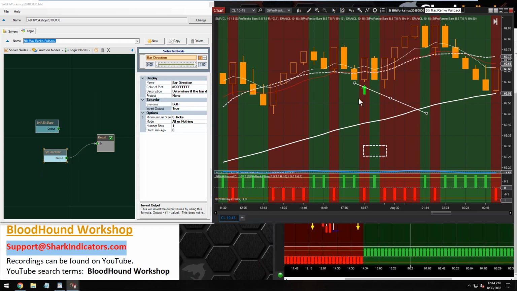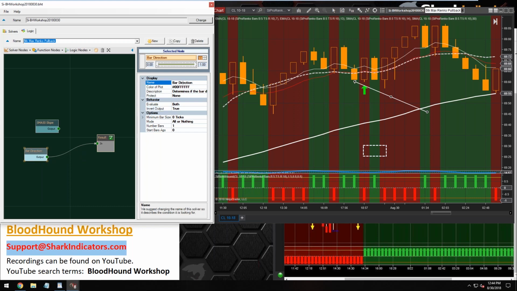We have a long output from these down bars now, because remember, this is looking for a pullback bar as part of a long setup here. So I've got the down bars identified. And if I wanted to, I could rename this here. There you go. I could now call this pullback bars if I wanted to.